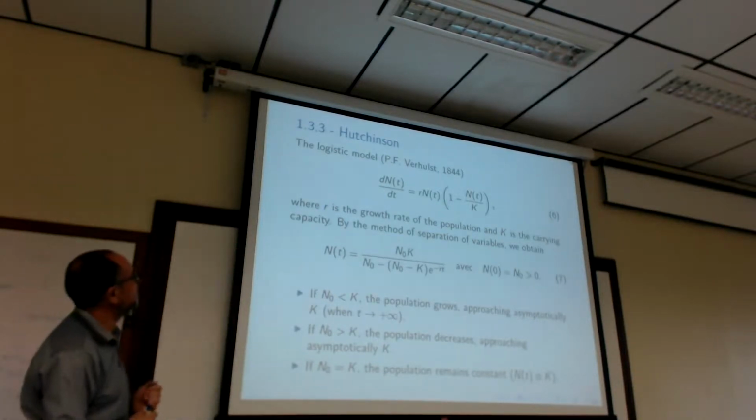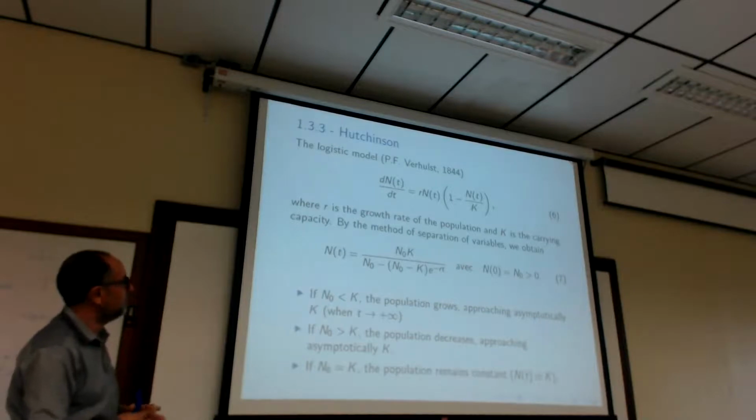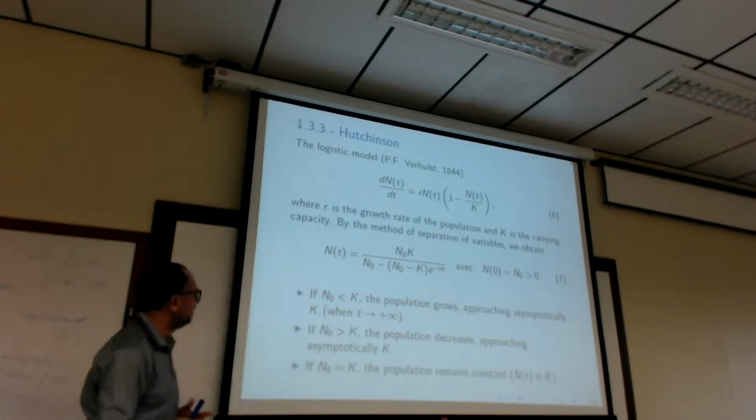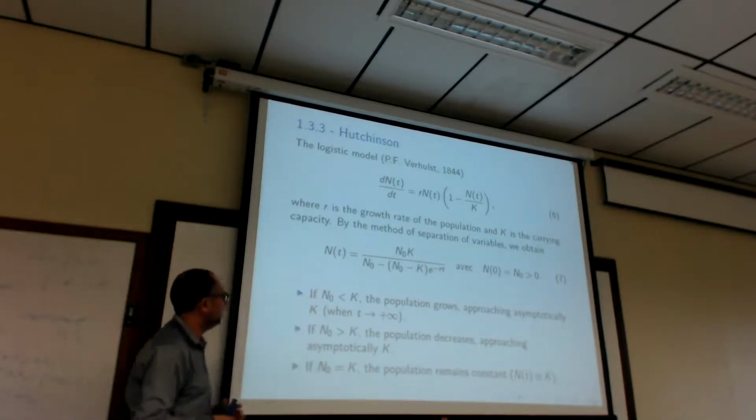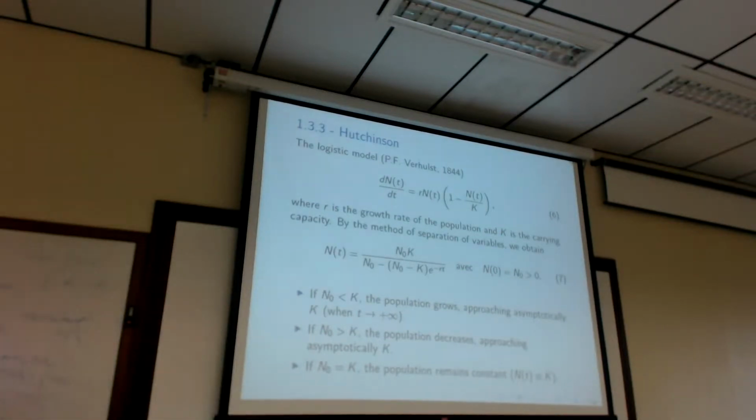Here, for this logistic model, we can solve the equation easily by separation of variables, and we obtain this solution. As we know that the solution is monotone, in general it suffices to take the initial condition.